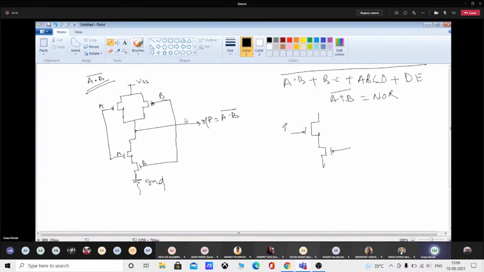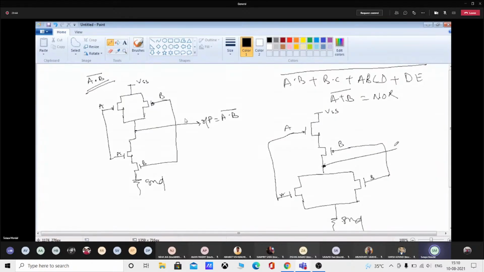This is A, this is B, and the NMOS will be in parallel. This is the ground, this is the VSS, and you make a connection. This is also A, make a connection. This is B, and the output will be from the middle, that is A plus B whole bar.